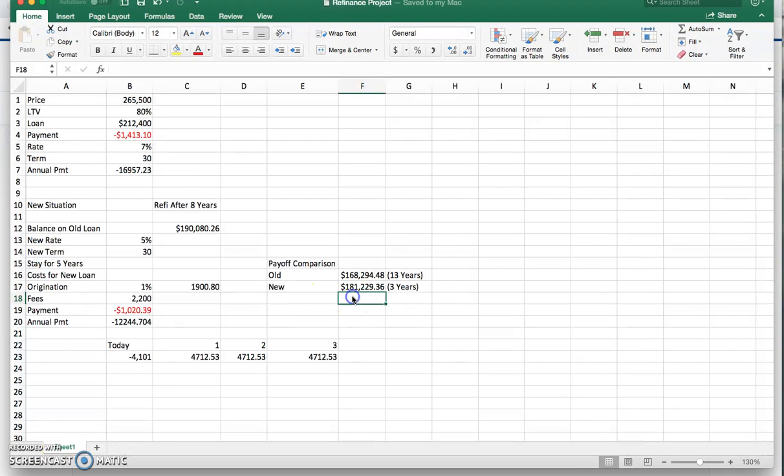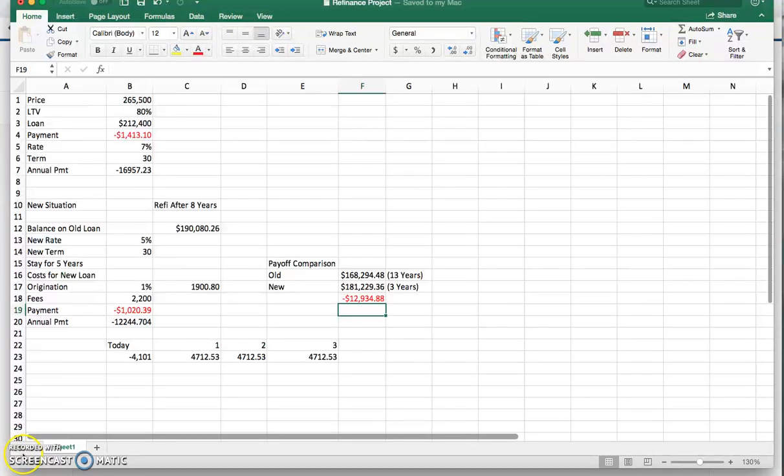Just to see the difference between the two, I'm going to take this old one and subtract this new one. It's about a $12,000 or $13,000 difference, which is not good. The new one is not a better situation to be in than paying off the old loan in 13 years.